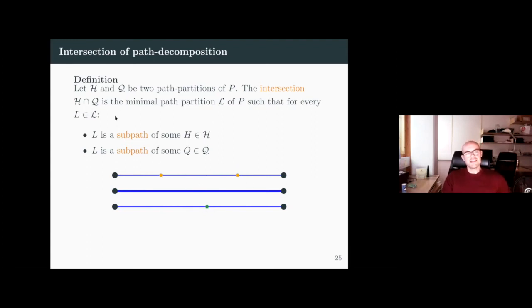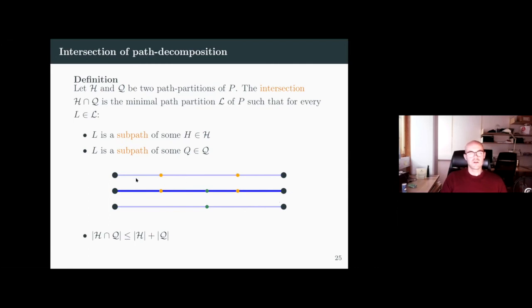The intersection of two path partitions is the minimal path partition so that every path of L belongs to both. So you take the union of these points, and this defines a new path partition with all the subpaths between these points.